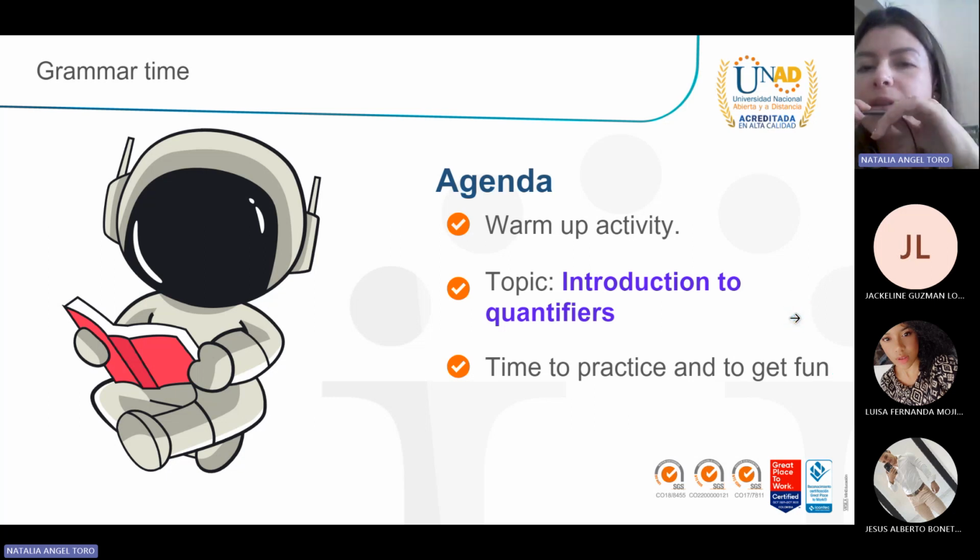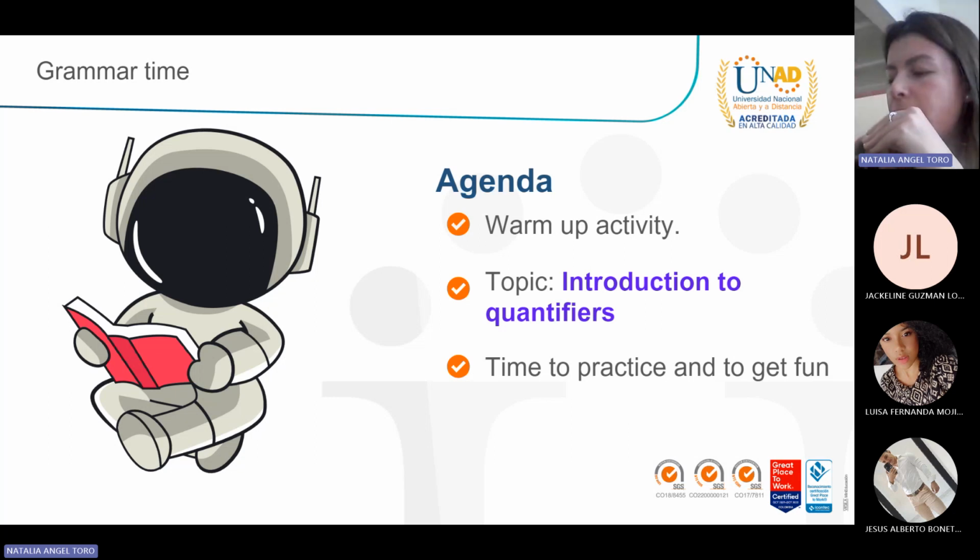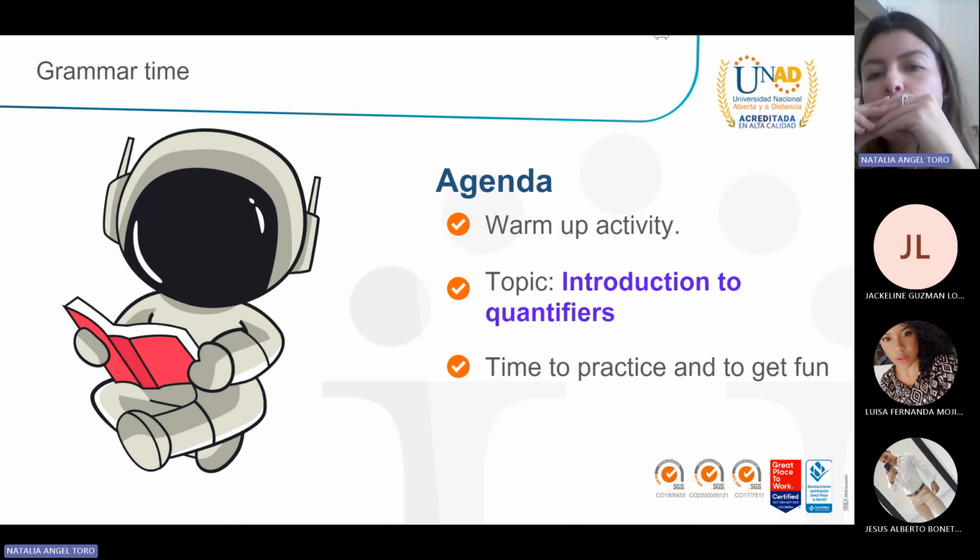Our agenda for today is, first of all, a warming up activity, just to introduce ourselves to the English language, to feel comfortable with the language and make the change to switch from Spanish to English, and create an English environment.